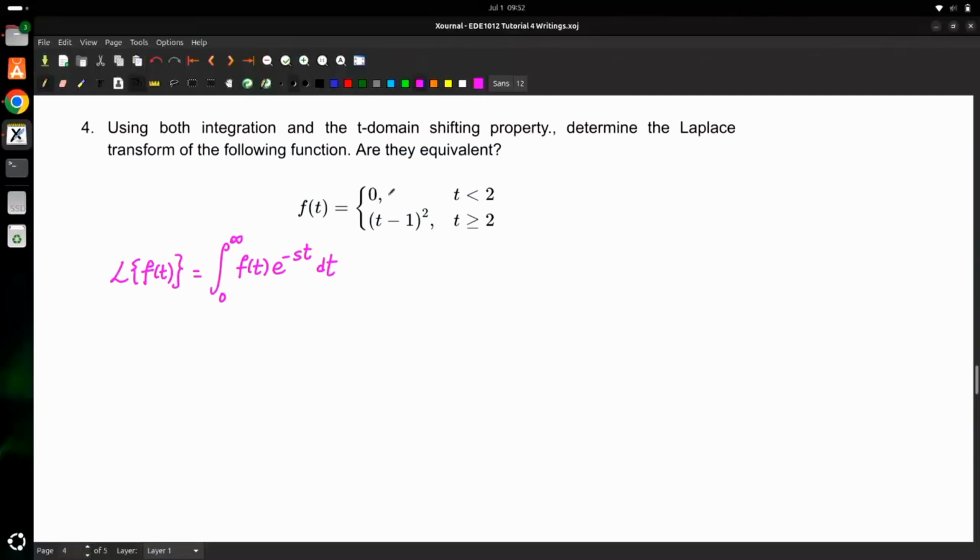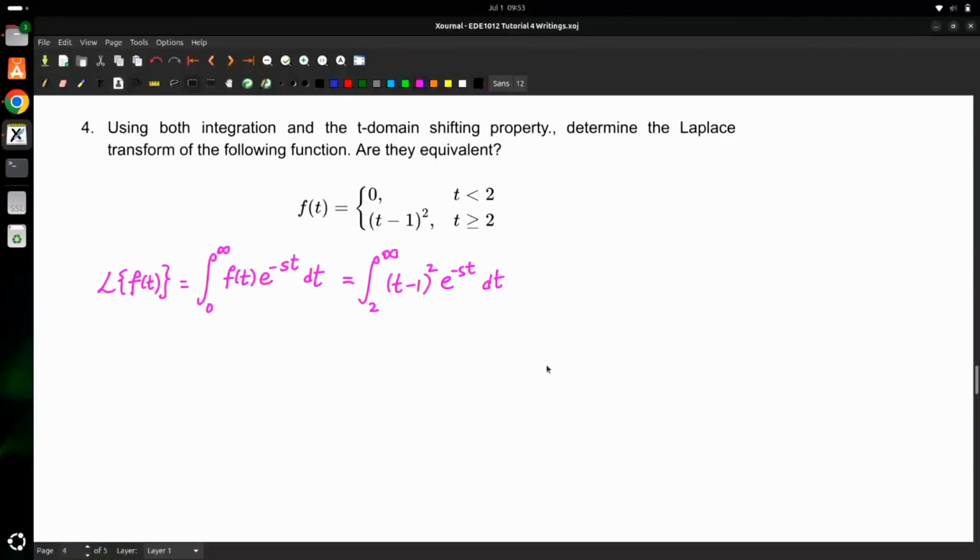This is a 0 function, and if you integrate a 0 function you also get 0, for a definite integral. So therefore, you can simply say there is no need to integrate from 0 to 2. Start from 2 onwards. But from 2 onwards, you are getting the function t minus 1 square, then e to the minus st. The 0 to 2 part is a 0 function, so don't have to worry about that. It will be just 0.